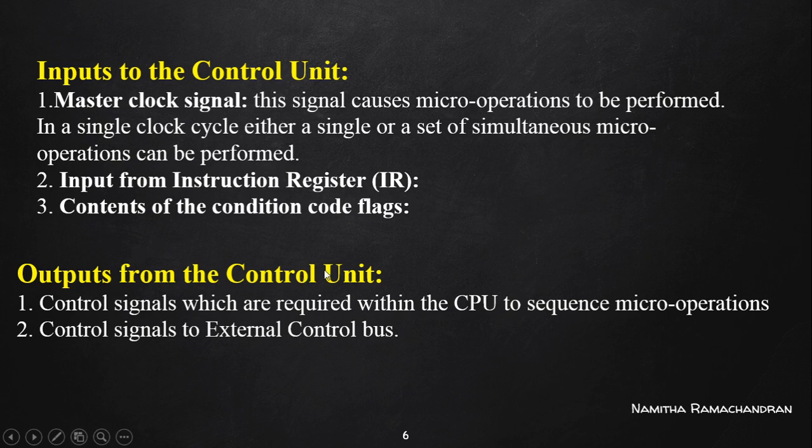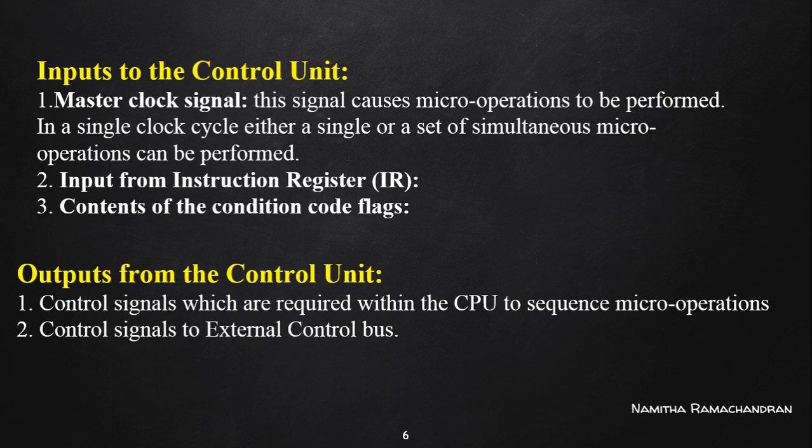And always the control unit outputs are the control signals. These control signals are used for controlling the activities of our processor. Okay, and also these control signals are provided to the external control bus in order to control the data transfer through the external bus.